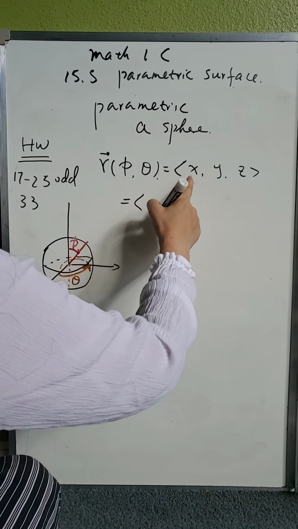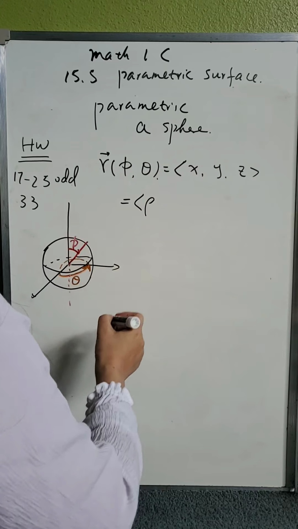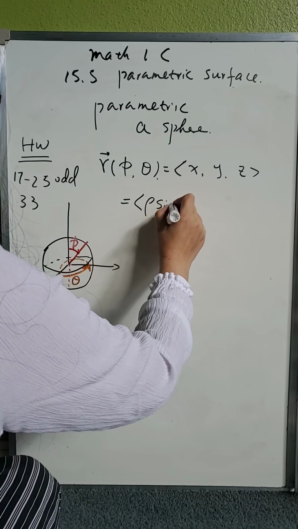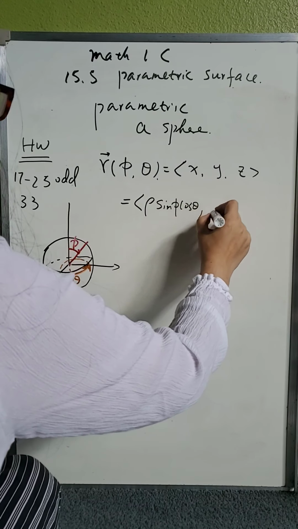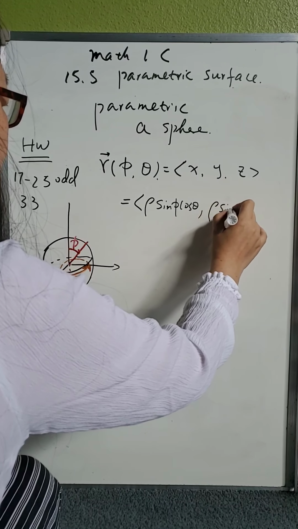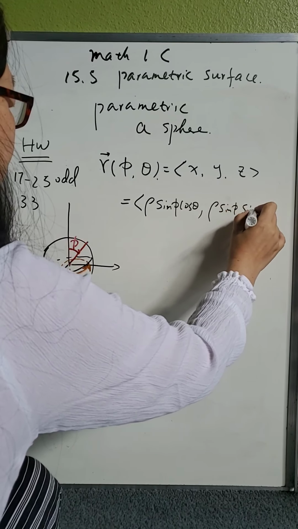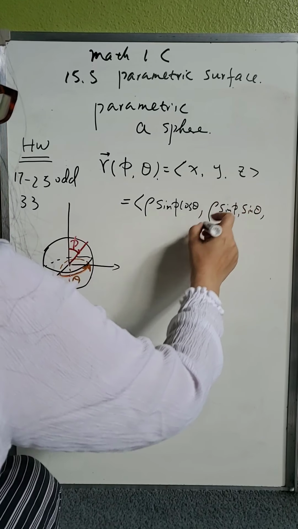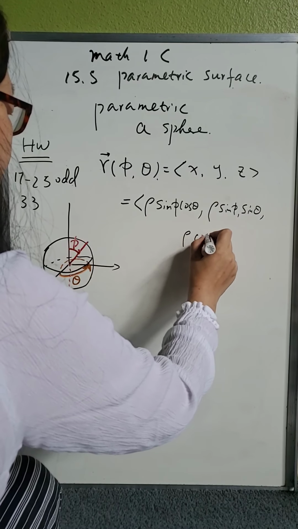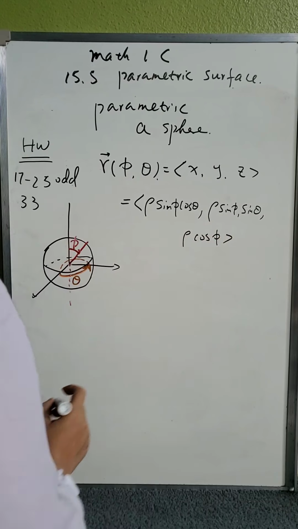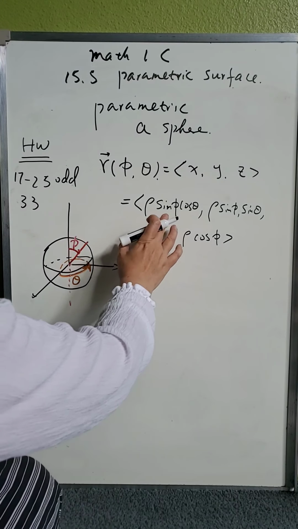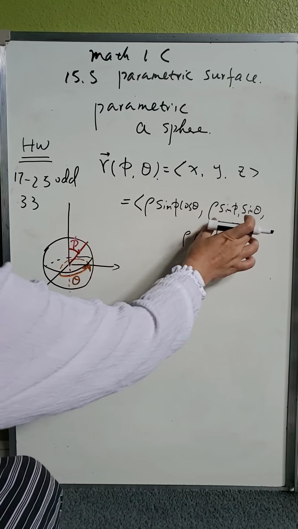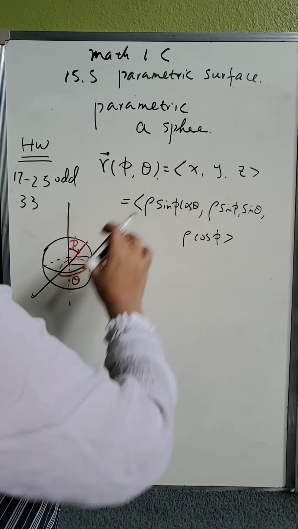And then it becomes x equals rho sine phi cosine theta, y equals rho sine phi sine theta, and z equals rho cosine phi. Make sure I didn't make a mistake. So you just go back to the spherical coordinates to get the x, y, z.